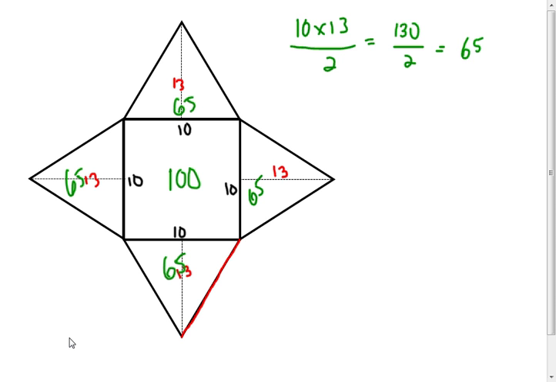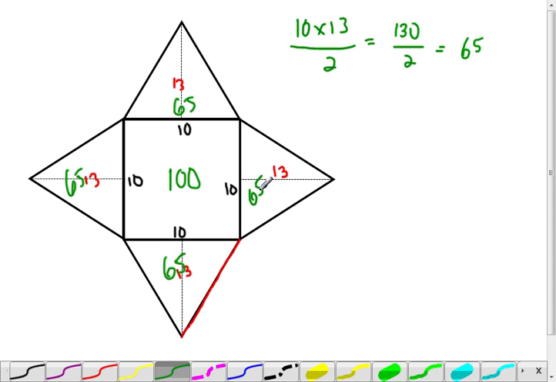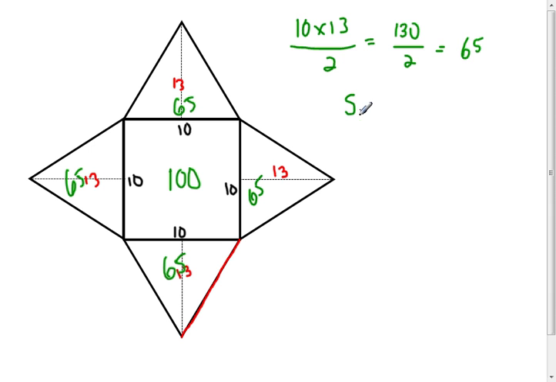Now that we have the areas of all the parts, we're just going to add up all the parts together. We'll take 65 plus 65 plus 65 plus 65 plus 100. So the surface area is 65 times 4, because there are 4 of those, and then plus 100.